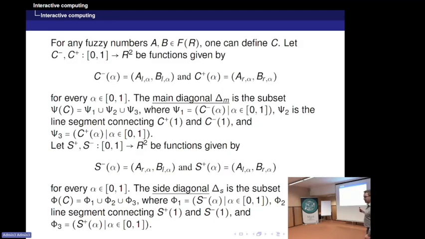For fuzzy numbers, we can define the main diagonal: in the plane you take the left points of alpha cuts, or the right points of alpha cuts, and you get the main diagonal. Or you can combine the right-left and the left-right points of those alpha cuts in order to get the side diagonal.